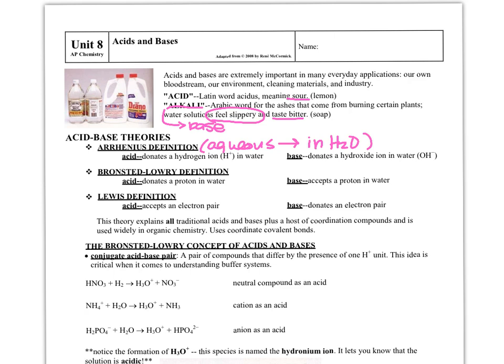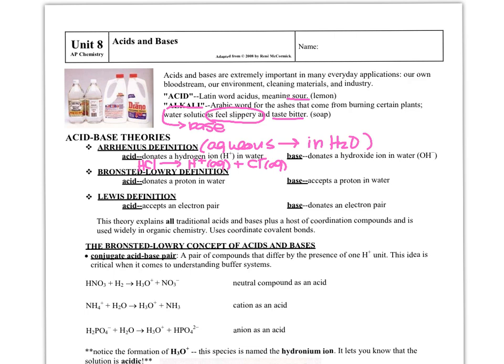This comes back to your basic understanding of solutions. If I take, let's say, HCl and put that into water, what's going to end up happening? Well, the water is going to break apart those ions, and I'm going to have hydrogen ions that are aqueous and chloride ions that are aqueous.